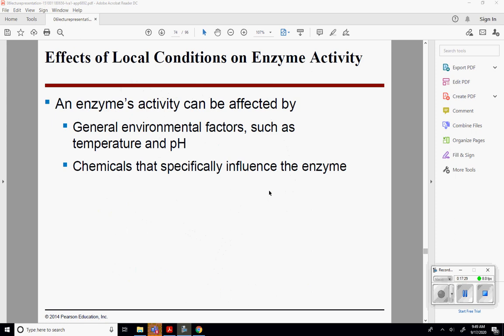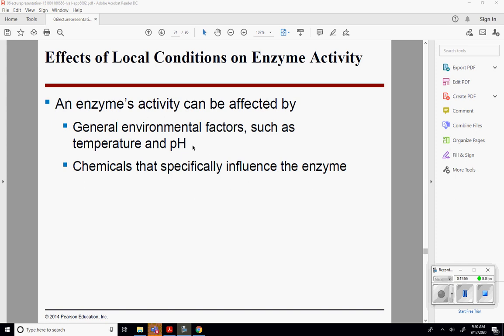Things that can affect the local conditions of that enzyme, and enzyme's activity, can be affected by the general environmental factors. We kind of mentioned these before for the test. We can change the temperature, make it hotter or colder, denaturing it. So imagine, that's why, for instance, we would keep cut apples on ice so that they don't oxidize as fast.